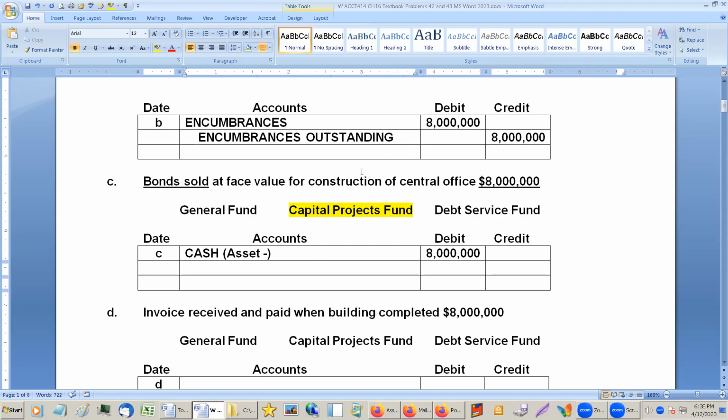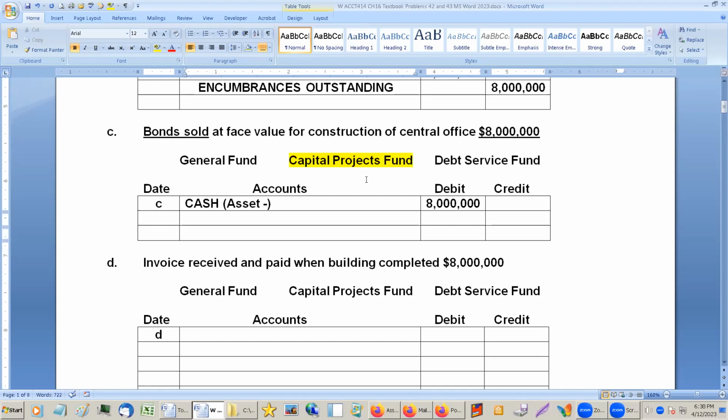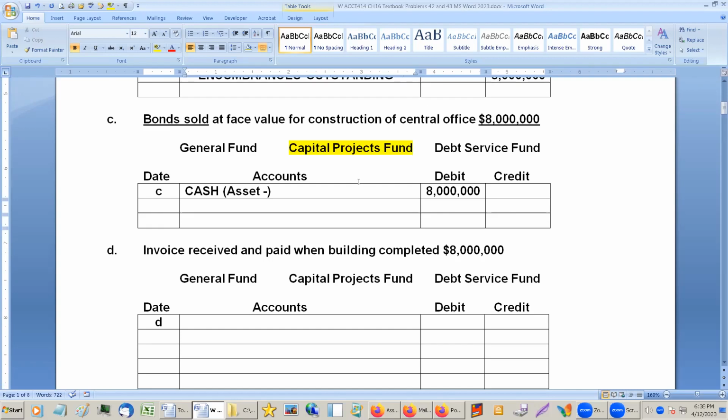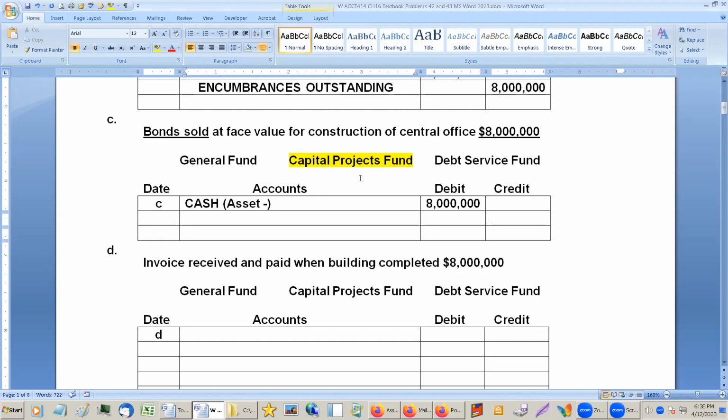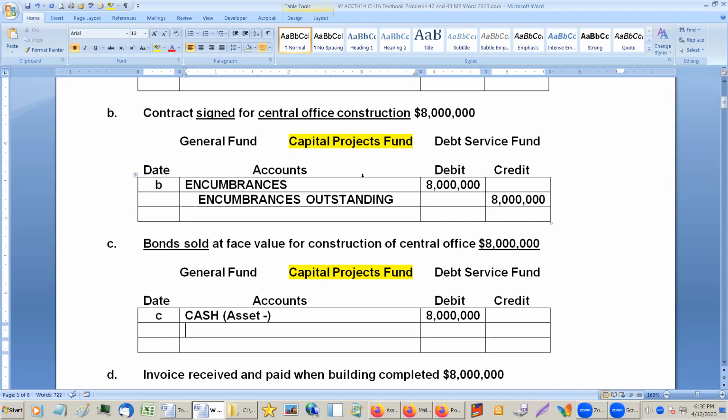Is it vouchers payable? Not yet. It will be. I have to look at the other one actually. It's just going to be like money coming from heaven. It's going to be almost like a revenue. Other financing source? Yep, exactly. Good. It's not a use. It's going to be a source because this is how they're getting money in. So other.